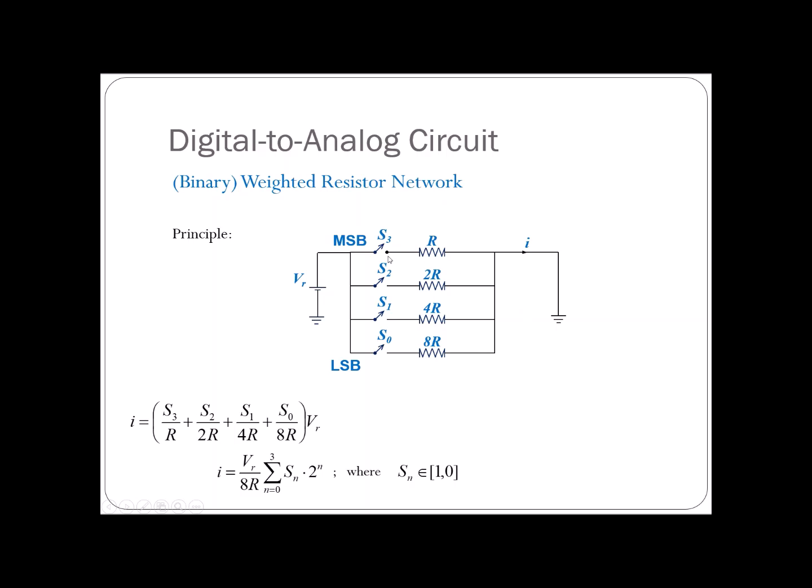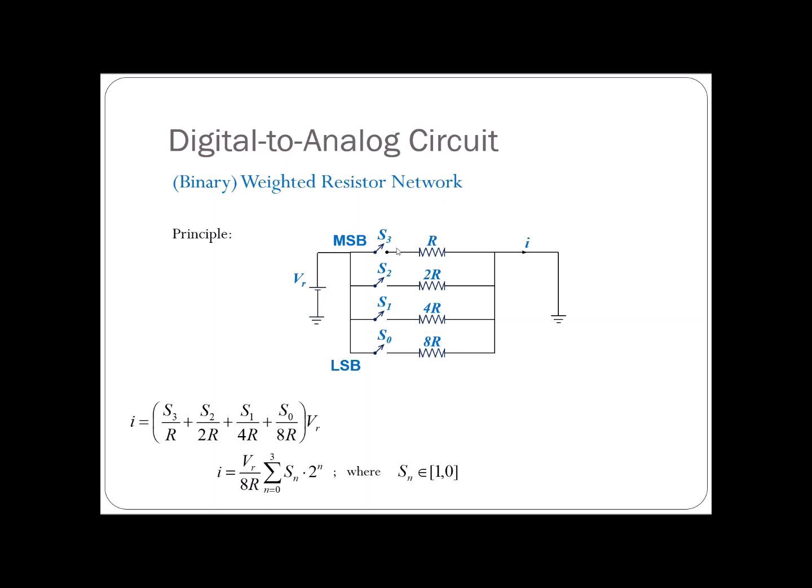Correspondingly, if any of these switches are closed, then you will have different current. If all of them are on, then the current here is just the superposition of the current flowing at each of the resistances when one of them is closed and the others are open, right?